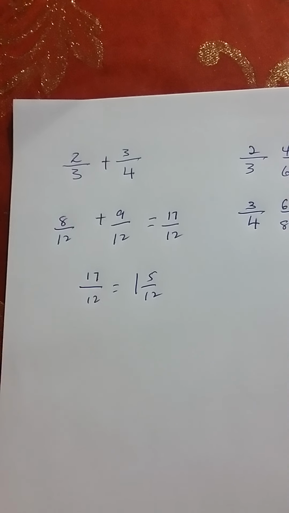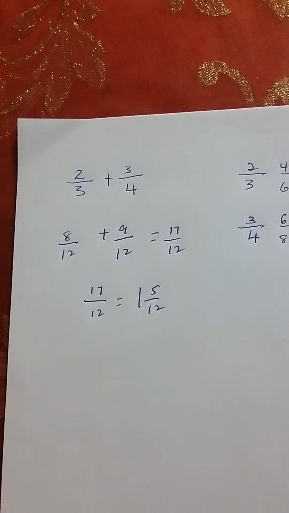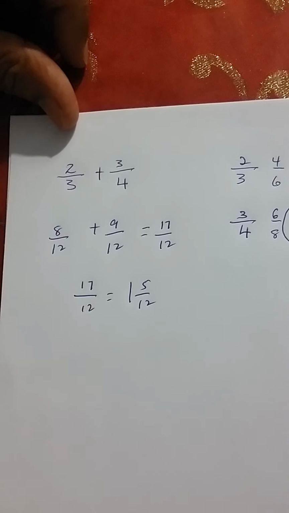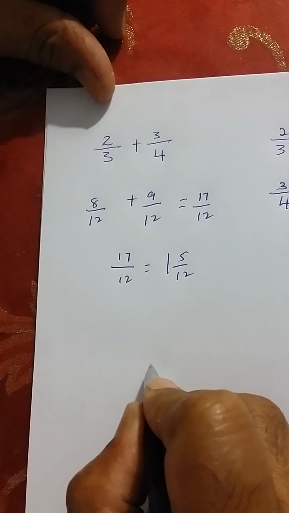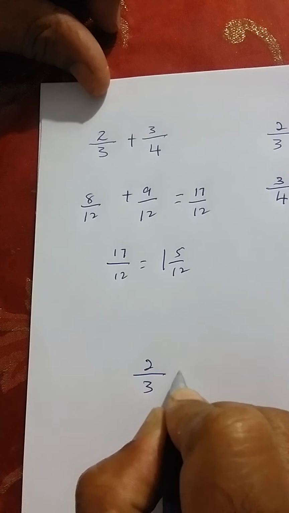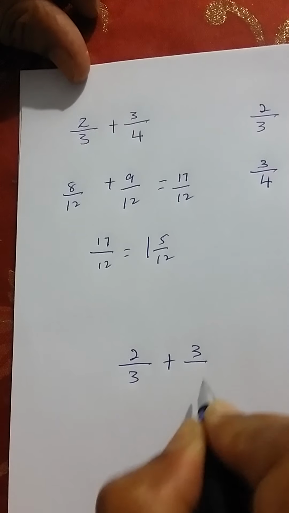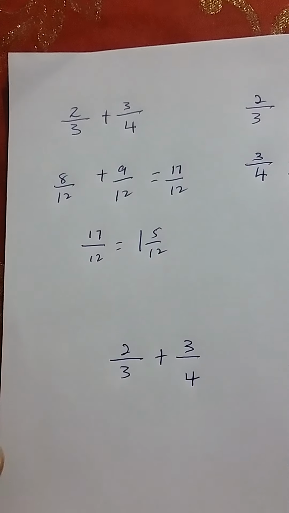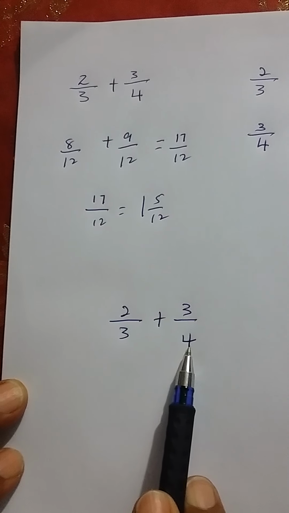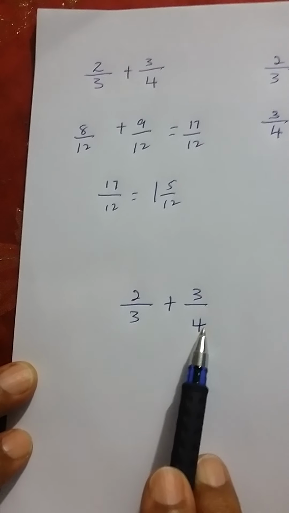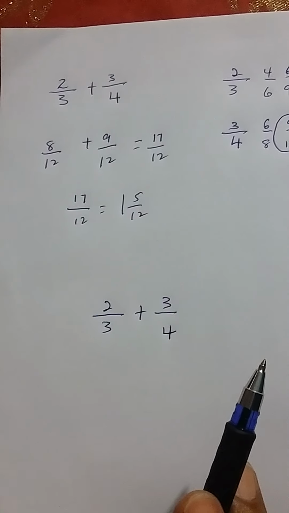Today we shall be looking at a shorter method of doing just this. So we shall be looking at the same 2/3 and 3/4. 2/3 add 3/4. Same question. What we can do, we look at our 3 and our 4, and remember we want to get a common denominator.